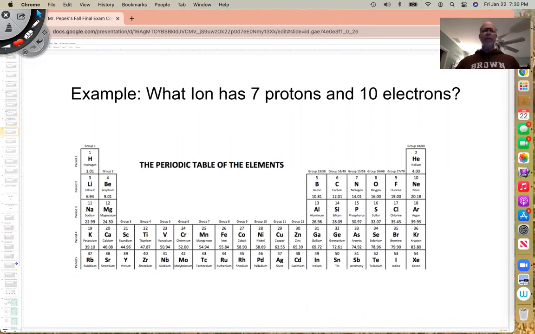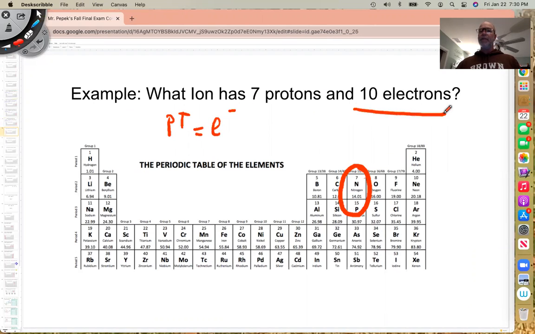This is an example, and I'm going to do a couple example problems for you as you're taking the exam. So what ion has 7 protons and 10 electrons? Well, in this case, nitrogen has 7 protons. But nitrogen normally will have 7 electrons, because remember, the protons equal the electrons.